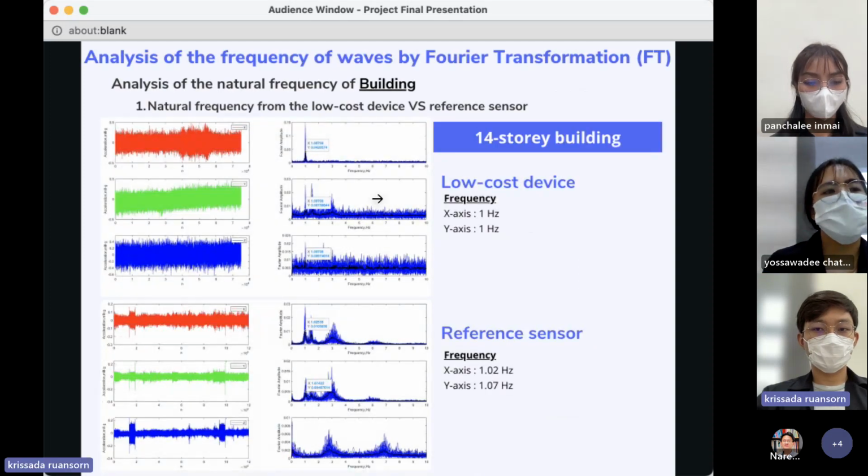This slide shows the result after we use Fourier transformation between the result from the low-cost device and the reference sensor. We can see from the graph that the dominant frequency in the X and Y axis of the 14-story building from the low-cost device in normal situation is equal to 1 Hz. This value is clearly the same as the result, 1 Hz, from the reference sensor.